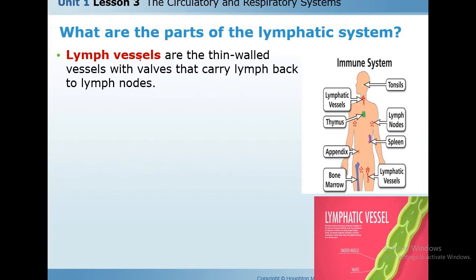Lymph vessels. Lymph vessels are thin-walled vessels with valves that carry lymph back to the lymph node. This is called a valve, which allows the lymph to move in one direction, upward, and prevents the backward flow of the lymph.